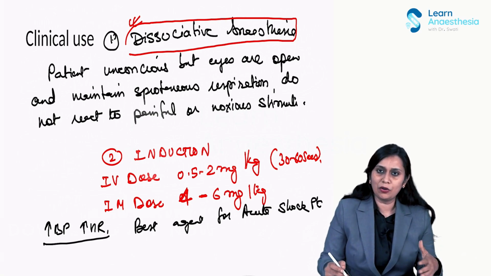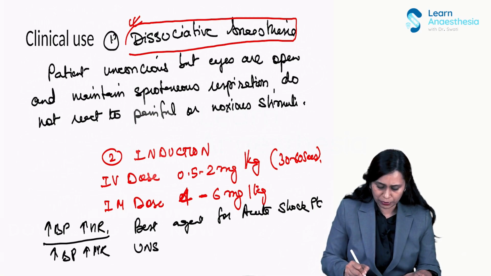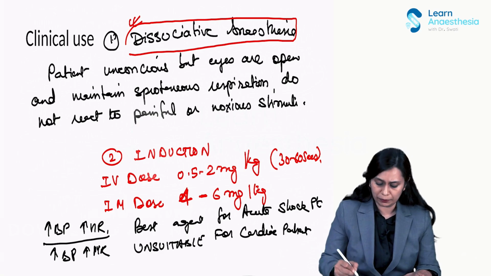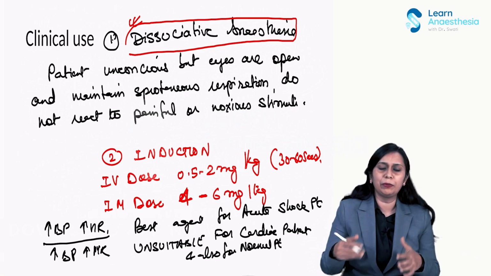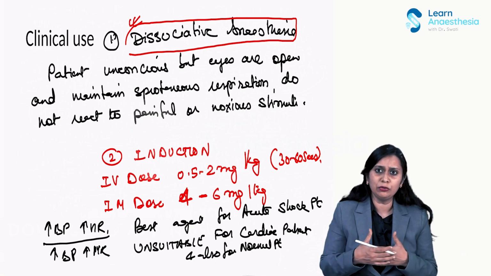Since it is causing increase in blood pressure and heart rate, this is unsuitable for cardiac patient, and it is unsuitable for normal patients also, because we don't want the blood pressure and heart rate of our patient to increase. It can increase blood pressure and heart rate to great extent.